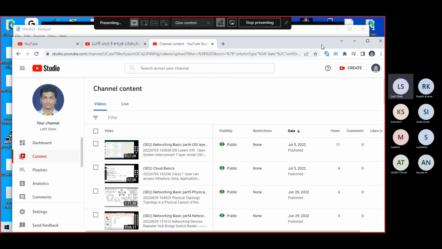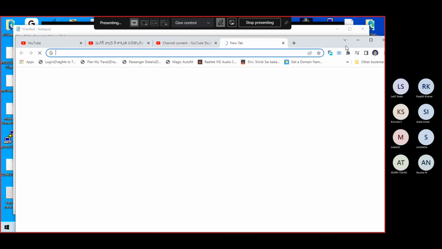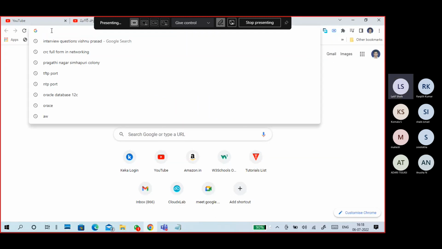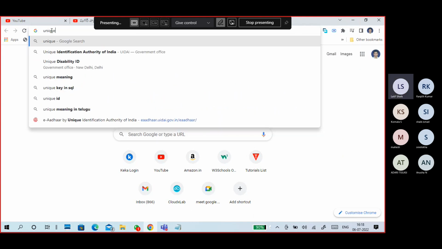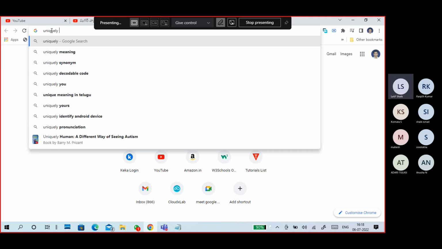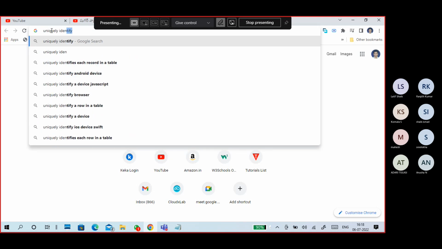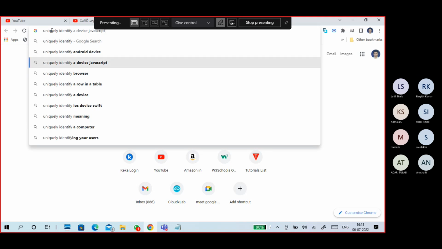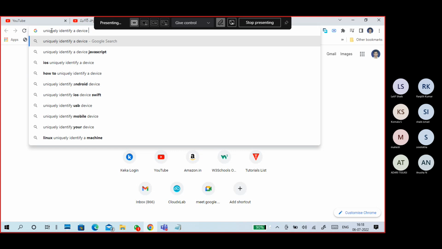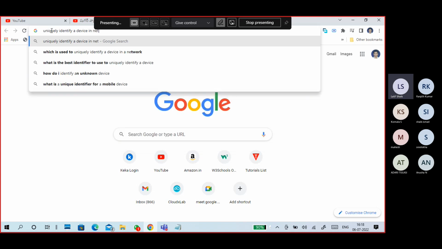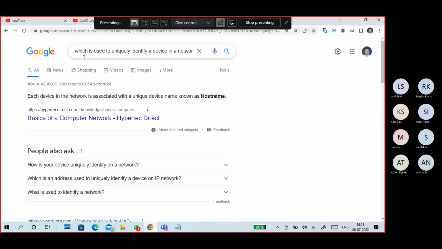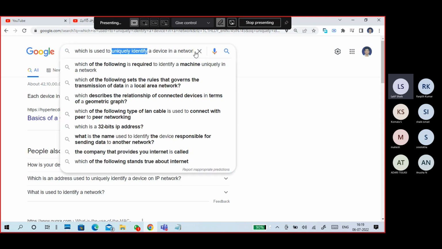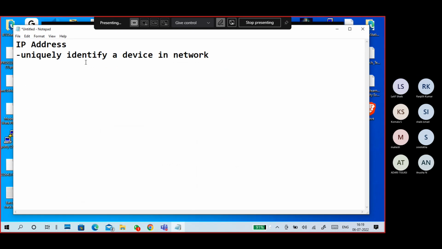It uniquely identifies a device in the network. So like this, uniquely identify a device in the network. So that is called an IPv4.